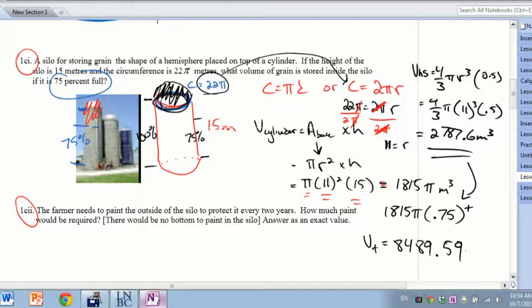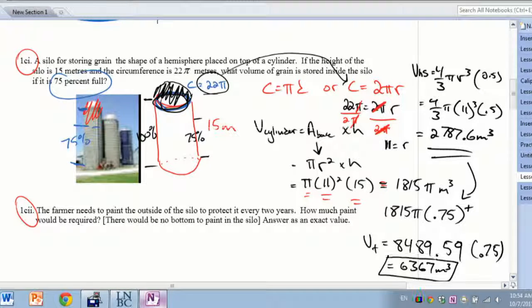And then I'm going to multiply that by 0.75. And I get 6,367. So I did forget the hemisphere, and it did make a difference.